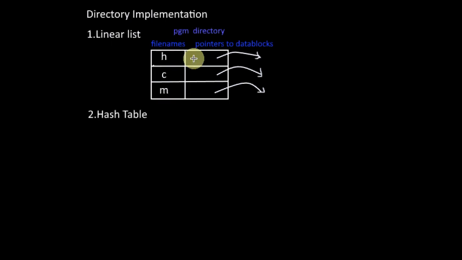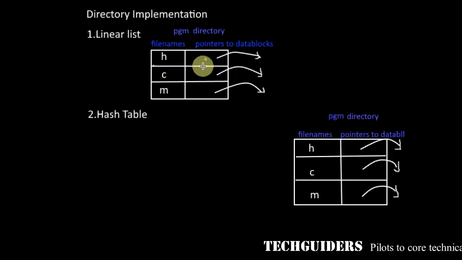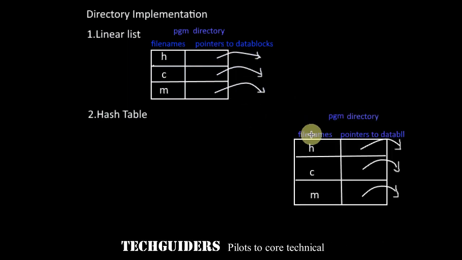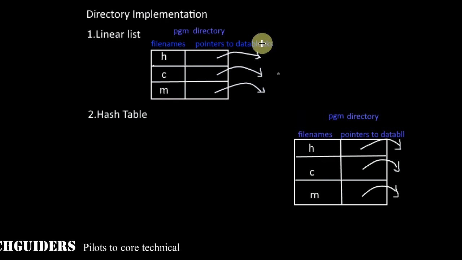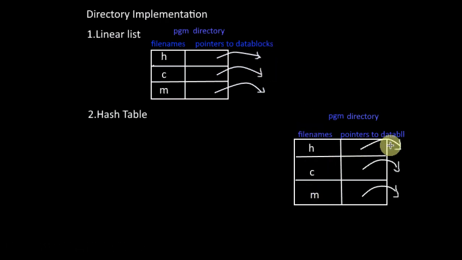So to overcome the main limitation of the linear list implementation, we use the hash table implementation. Similar to the previous one, here also a linear list is maintained with the file names together with the pointers to the data blocks.